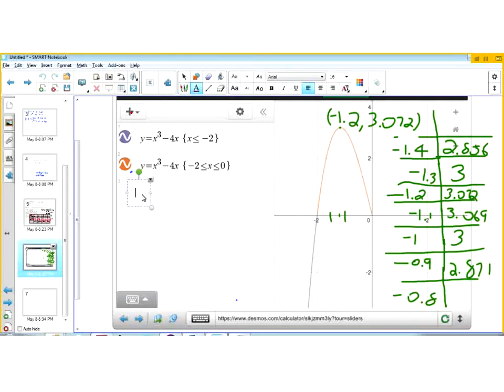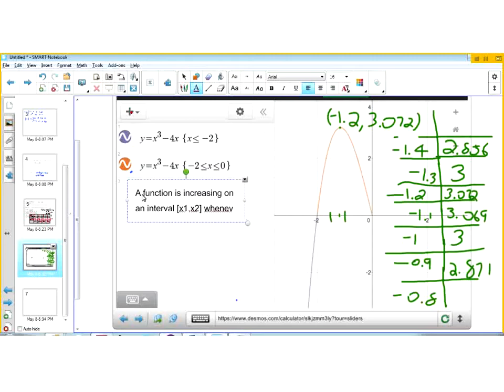So let me go ahead and write that down. So a function is increasing on an interval on the x-axis when... so let me just specify. Okay, a function is increasing on an interval, x1 comma x2.